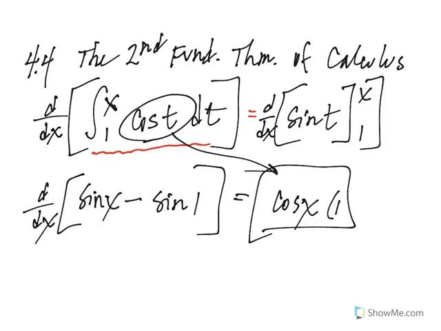Now, unstated in this is it's actually multiplied by 1, which is the derivative of the upper bound. And that's really how you do this process. You take this original function right here. You plug in any variable value for an interval. So I took this x and plugged it in.